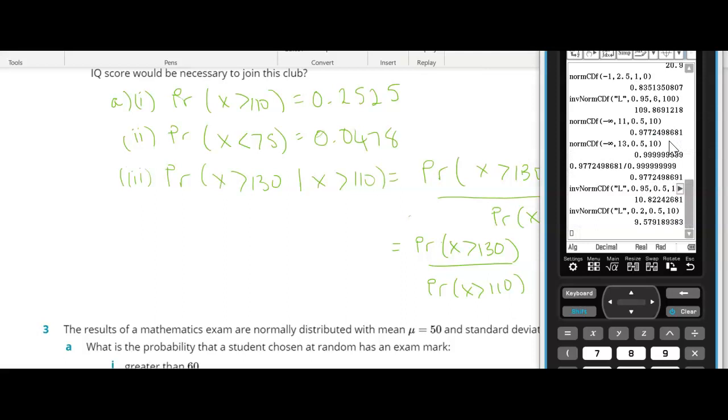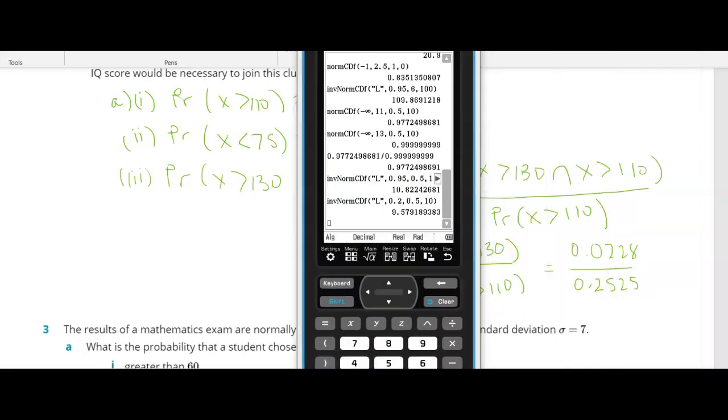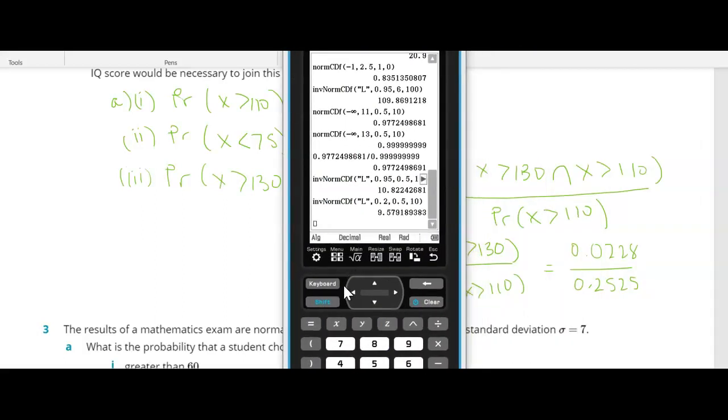So we've got 0.0228 divided by 0.2525, and I get 0.0903.